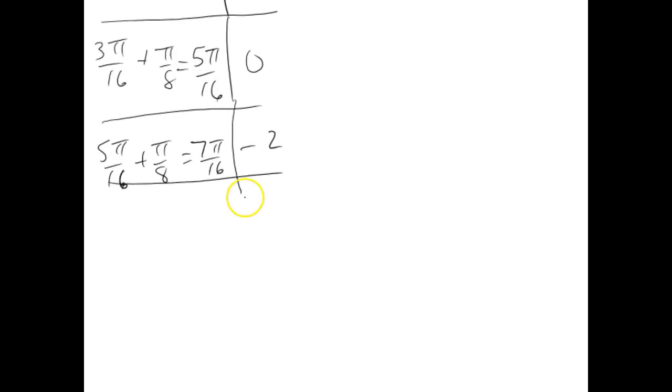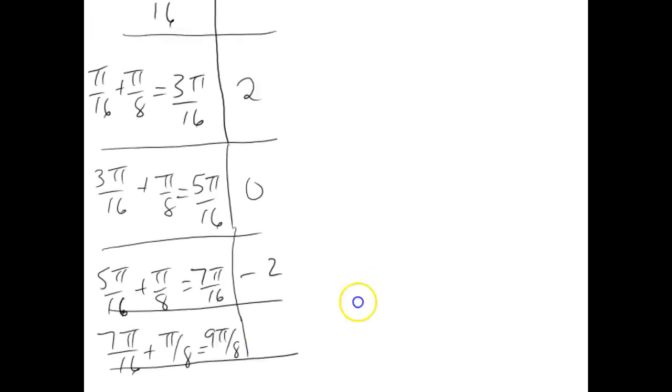That's our fourth point, so we want to get our fifth point. We take 7 pi over 16, add the pi over 8 again, and it would give me 9 pi over 16.